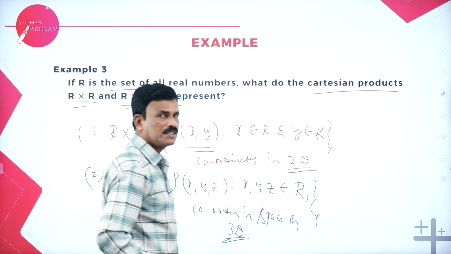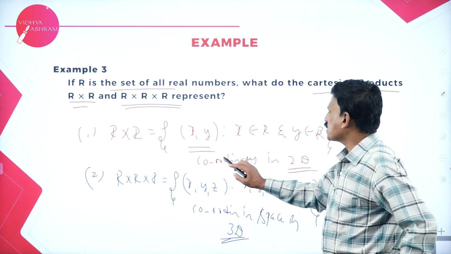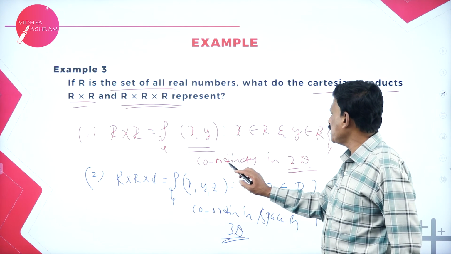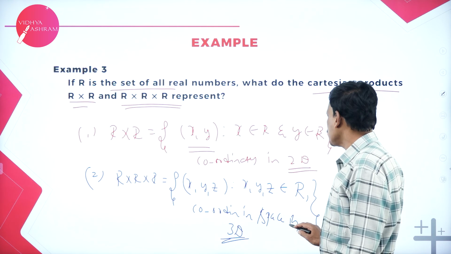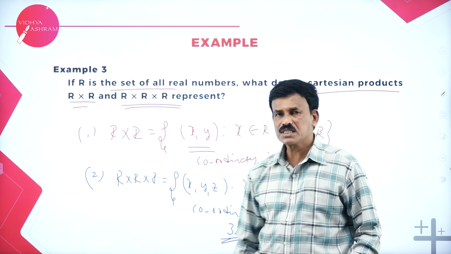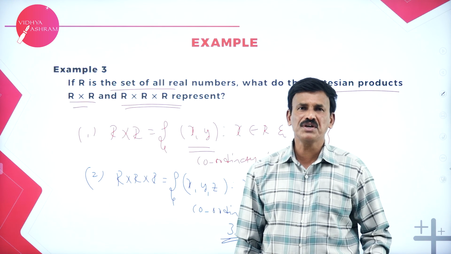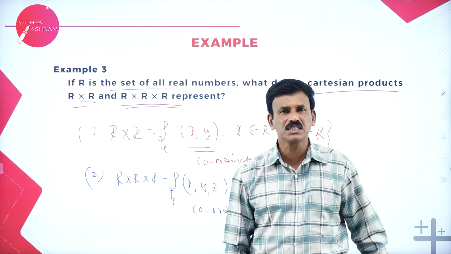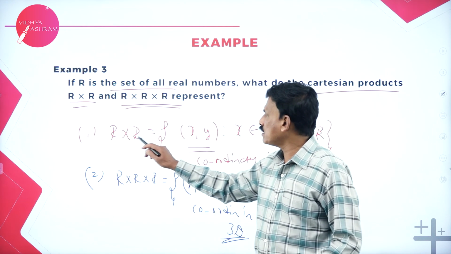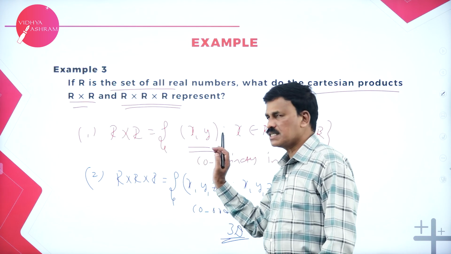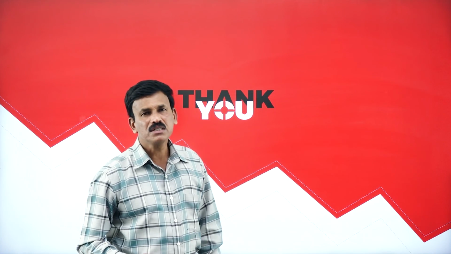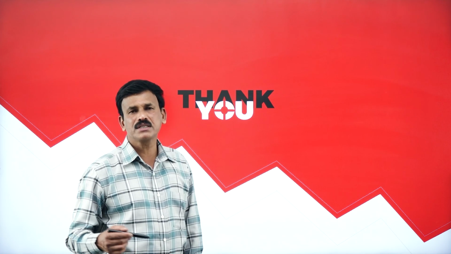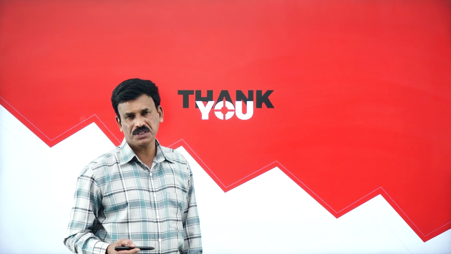So, R cross R represents the coordinates of all points in 2D space, whereas R cross R cross R, the triplet, represents the coordinates of all points in 3D space. So these are a few problems based on the ordered pairs and the Cartesian product.